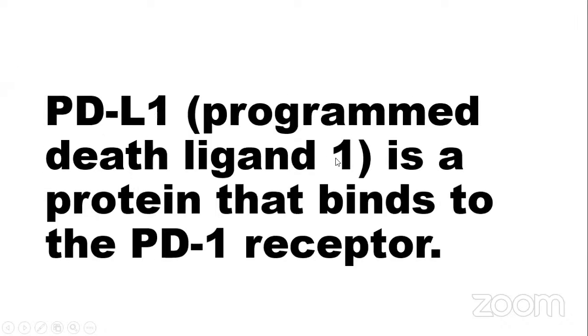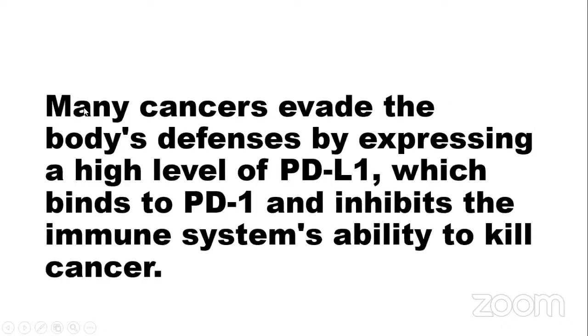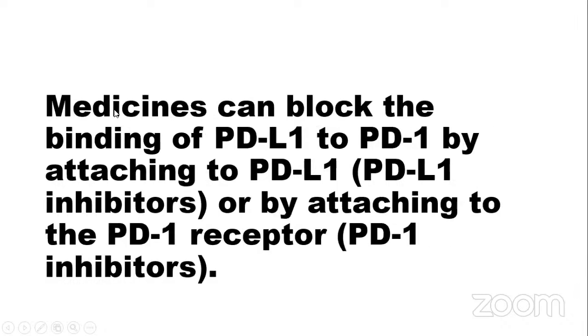PD-L1, programmed death ligand 1, is a protein that binds to the PD-1 receptor. Cancer may evade the body's defense by expressing a high level of PD-L1, which binds to PD-1 and inhibits the immune system's ability to kill the cancer.